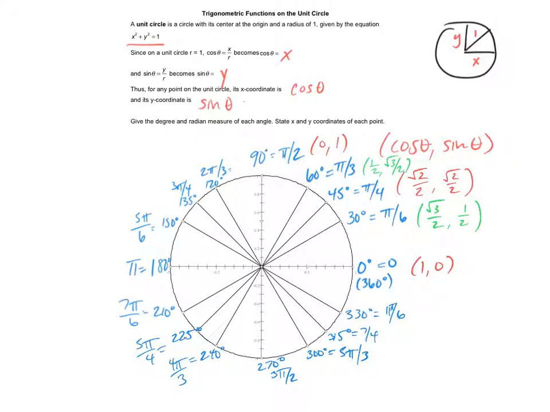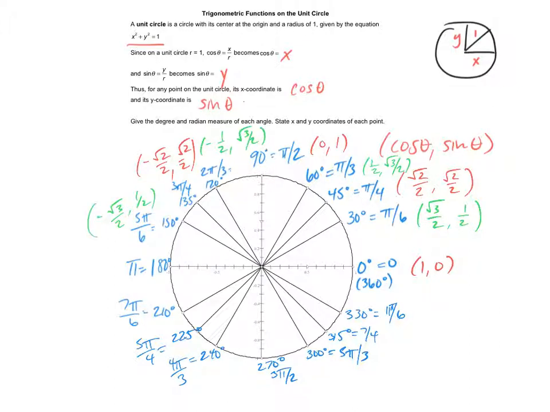At 120 degrees, we have negative 1/2 and the square root of 3 over 2. At 135 degrees, it's now negative square root of 2 over 2, and then positive square root of 2 over 2. At 150 degrees, we have negative square root of 3 over 2, and then 1/2.